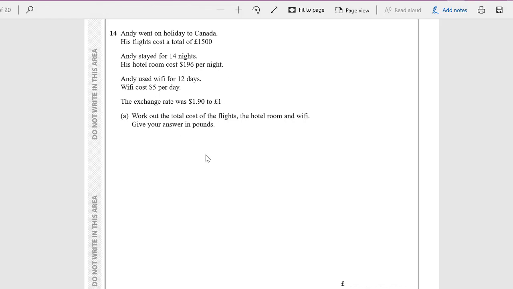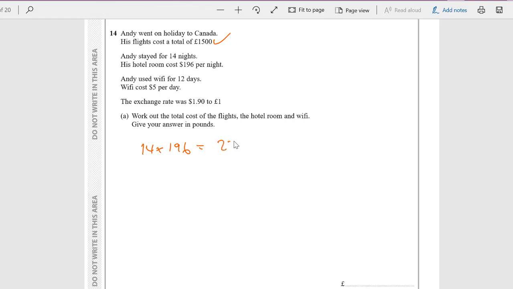So what do we have to consider? Work out the cost of flights, the hotel room and Wi-Fi, and give your answer in pounds. We know that the flight is already in pounds, so that's checked. So we need to convert everything else. So 14 times 196. Again, you've got a calculator, so you can do all of this.